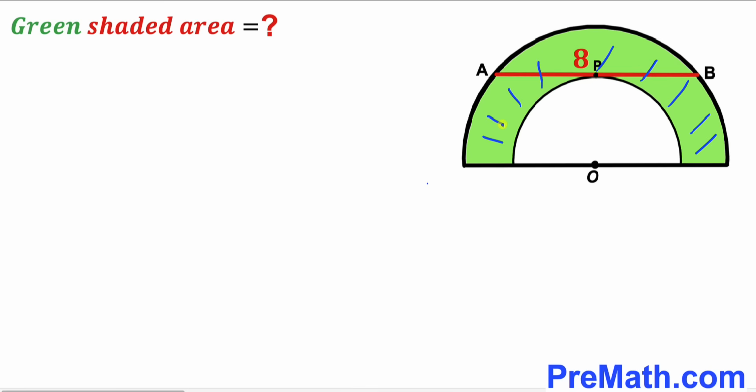Moreover, this chord AB is tangent to the smaller semicircle at this point P, and the chord AB is 8 units long. Our task is to calculate the area of this green shaded region.